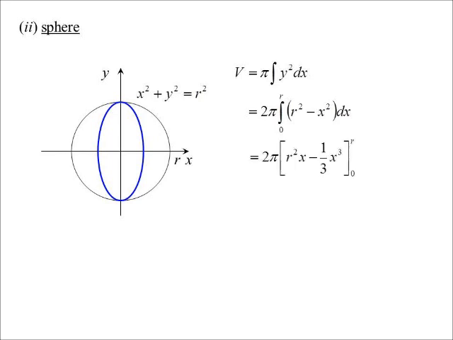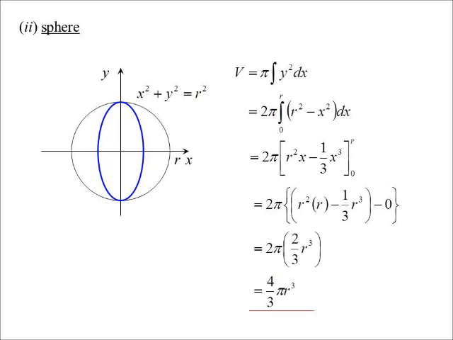So I get r squared x minus 1/3 x cubed. Substitute in r, substitute in 0, and voila, 4/3 pi r cubed, which I hope is what we recognise to be the volume of a sphere. So all these different formulae that, as I say, you just blindly accepted as true, we can now prove.